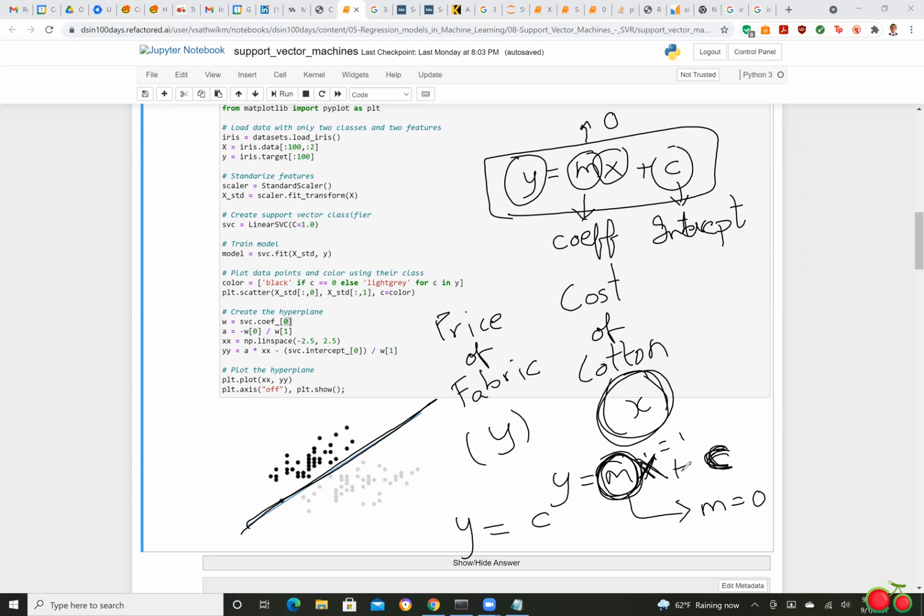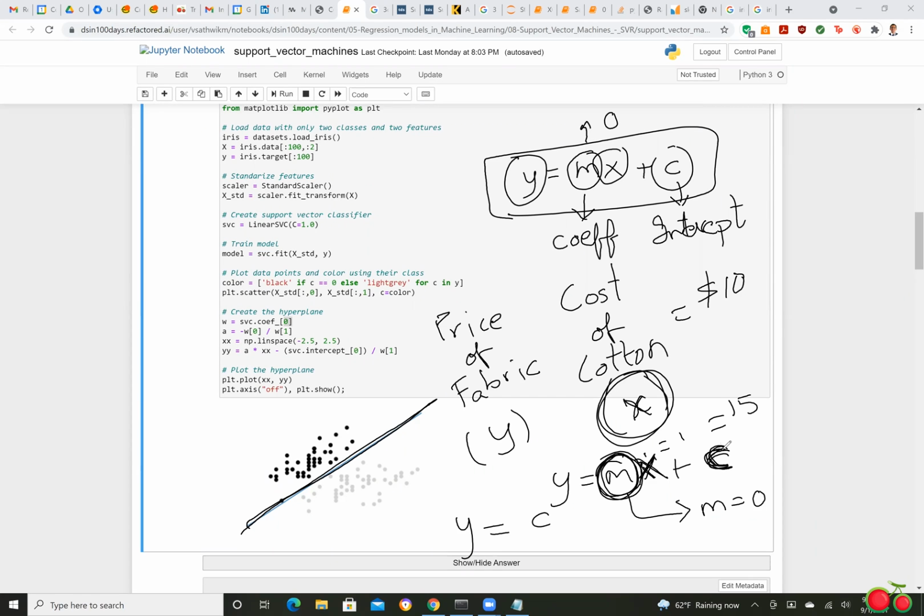So let's assume I fit a function, I drew a line, and the m value is 0. Now, if my price of cotton is $10 per pound, and let's say c is equal to 15, what is the price of the fabric? 15.